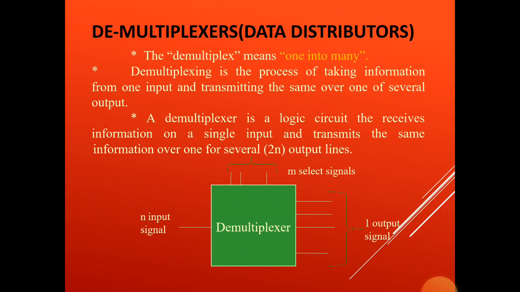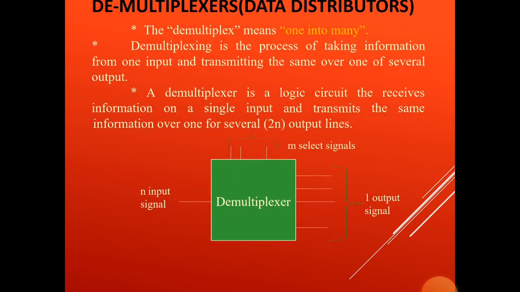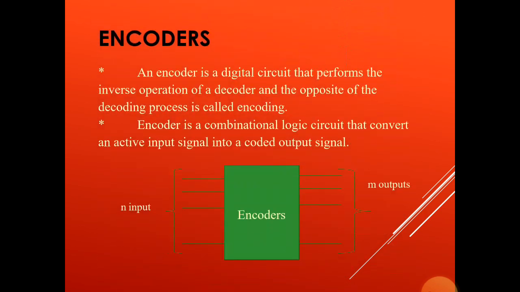The inverse operation, data distribution, is performed in the demultiplexer. It means one to many: only one input is received, and using m select lines it is distributed to n outputs. This is called the demultiplexer.